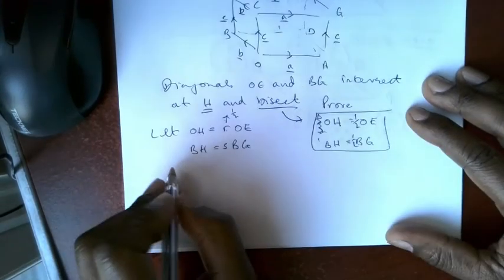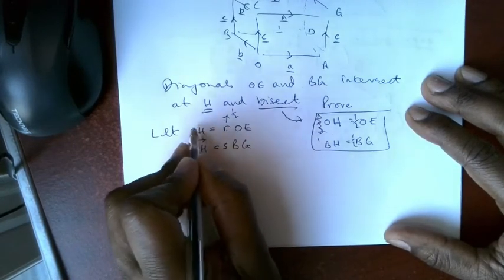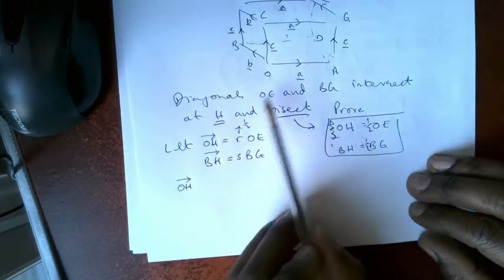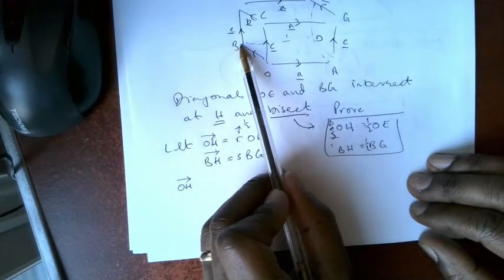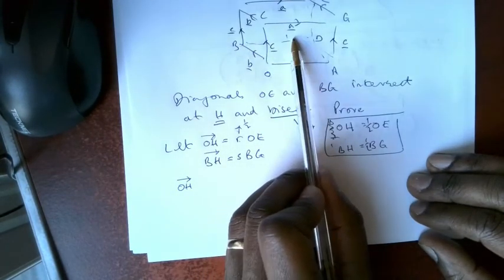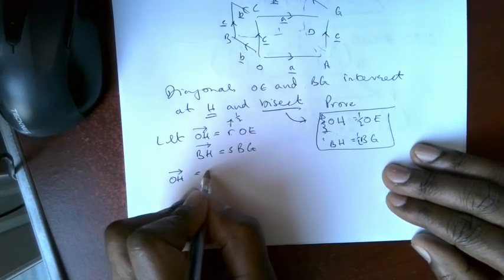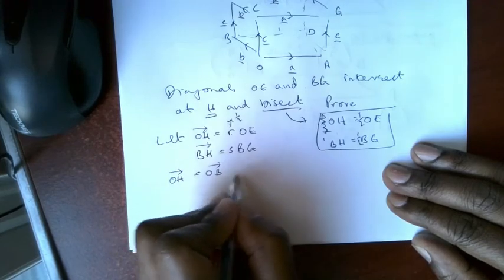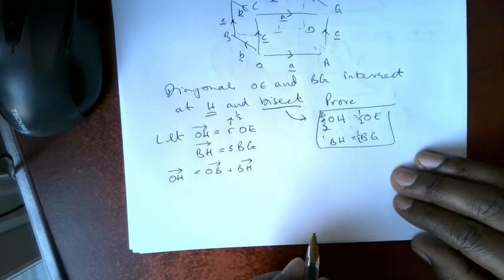Okay, now another way of getting from O to H, or we should have arrows there, O to H in my diagram, so O to that middle bit would be to go from O to B and then B to H. That's this point somewhere in the middle. So to get from O to H, I can go O to B first and then B to H. But we've said something about B to H, haven't we?